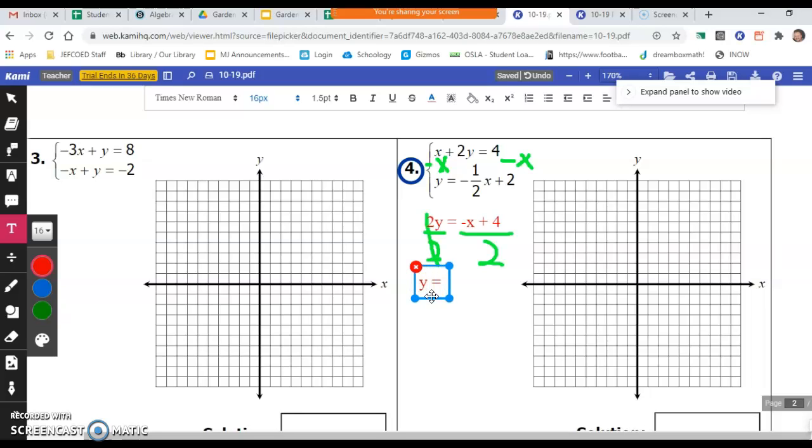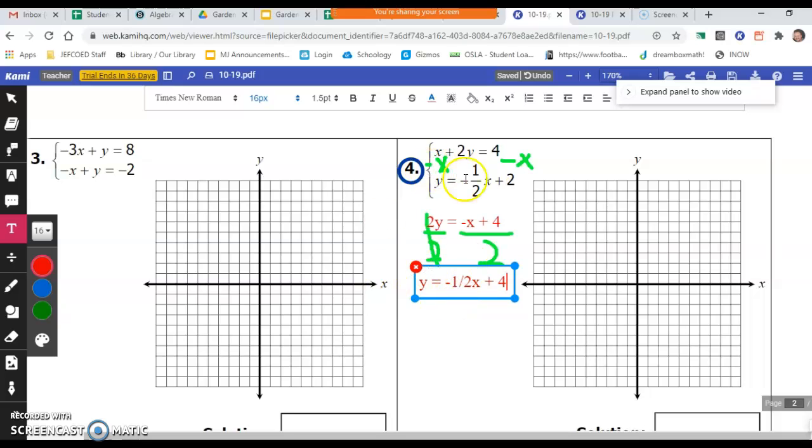Now, we can't divide x or 1x by 2 and get a whole number, so we're going to leave that. That's essentially -1/2 x. You guys agree with that? Okay, plus 4.